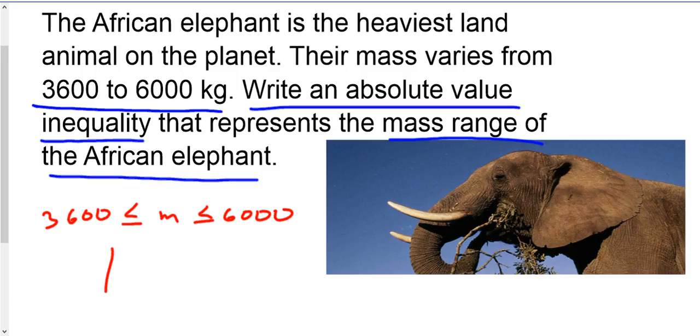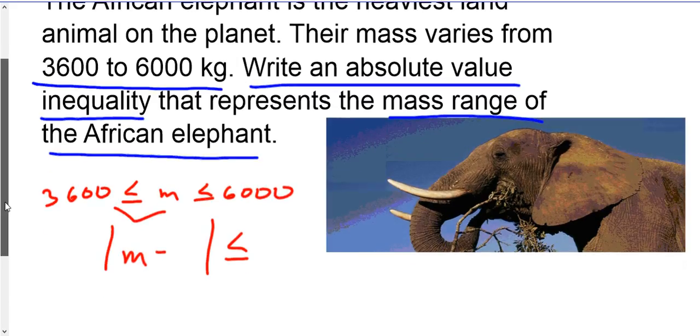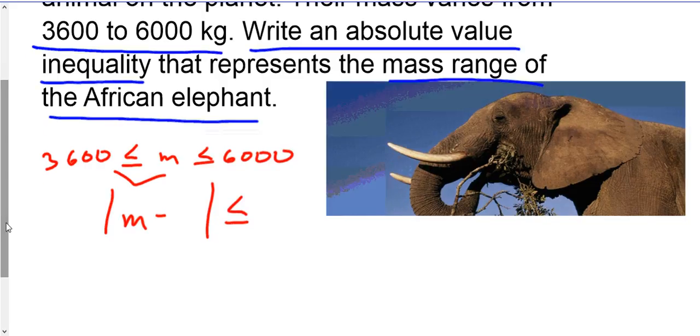So we're going to break this down into an absolute value inequality, where we have an m value minus some sort of value, and then our other one. If you look at our other tutorial, it's easy to figure out: when you have these two extreme values, the value you plug inside is going to be the average of the range. We find the mean.